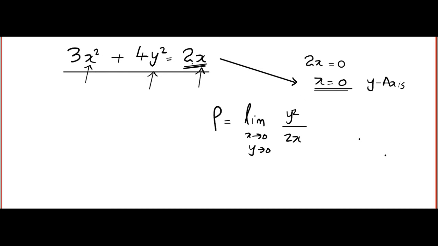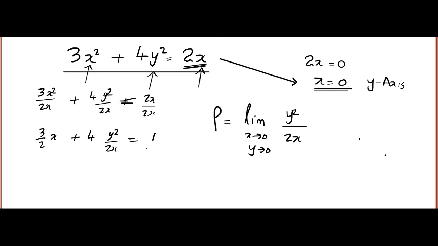And of course, in this example, it is very easy. All you have to do is divide throughout by 2x. So 3x square by 2x plus 4y square by 2x equal to 2x by 2x. That is 3 by 2 into x plus 4 into y square by 2x is equal to 1.